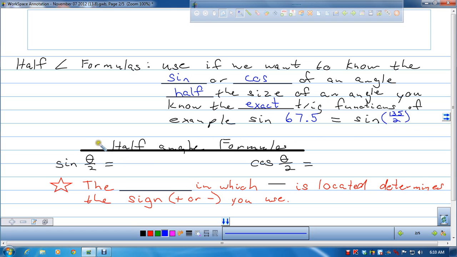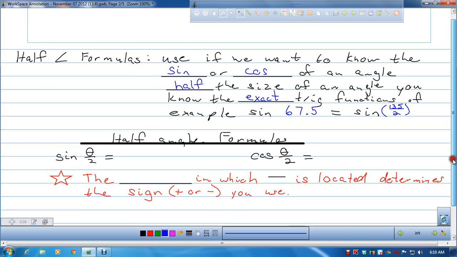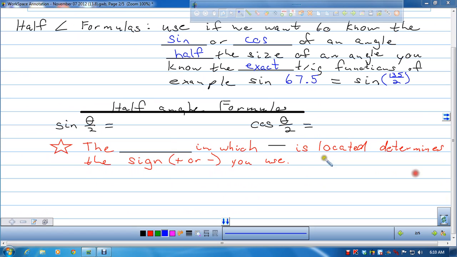Okay, I'm not going to develop these formulas. If we have time, I may show you that another day, because it is kind of interesting how everything develops mathematically. But let's go ahead. I'll give you these.